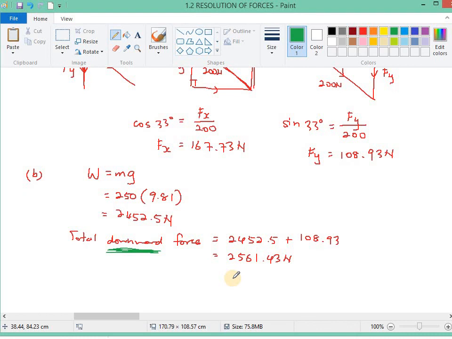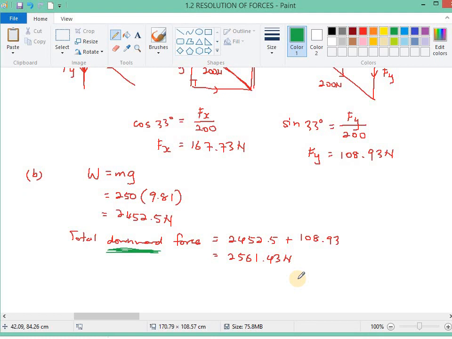You get the idea? But some of you do not write total downward force, you just write F equals to how much? For example, F equals 2452.5 plus 108.93 equals 2561.43 Newton. If you just write F, then you need to specify. You need to answer the question.